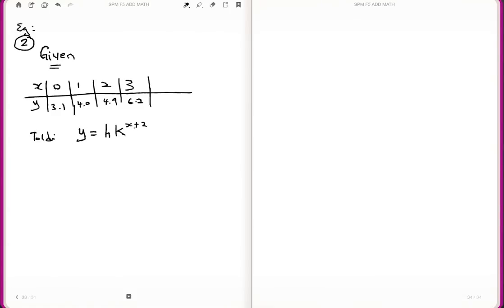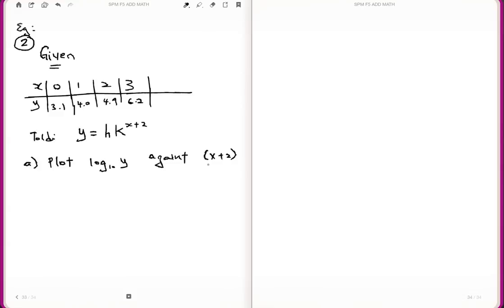You may have no idea what to do. What is your x and what is y? That's why in part A, they will ask you to plot log 10 y against x plus 2, using a scale of so many to so many on the x-axis and y-axis, and then draw a best fit line.